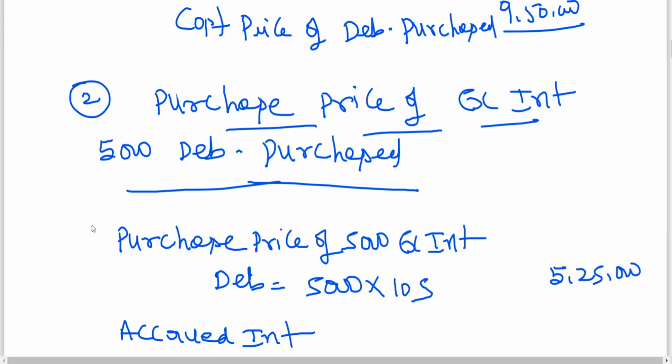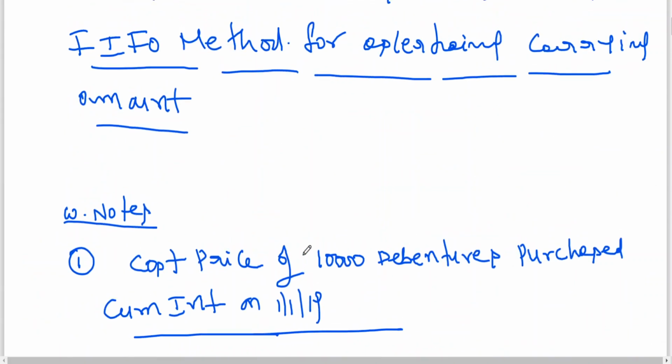In this case purchase price is nothing but cost price for ex interest debentures. Interest is not included, but you need to calculate accrued interest so that we can make the payment. Accrued interest: what was the last date of payment? 31st December, no?